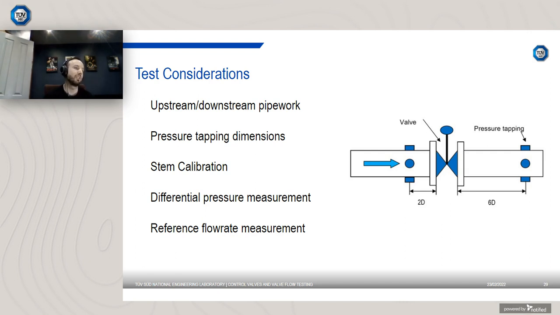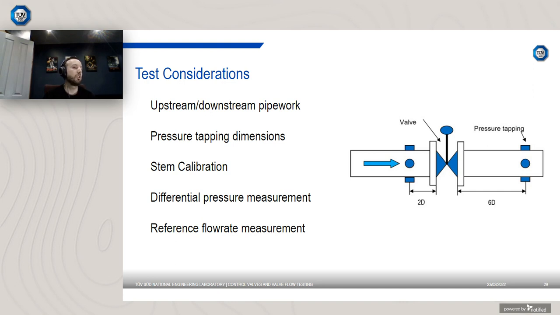So you want to make sure the stem or valve travel has been properly calibrated. You need a differential pressure measurement device, so we use very high accuracy pressure transducers. And you need to measure the volumetric flow rate, so we have flow meters calibrated to a very low uncertainty for that purpose.